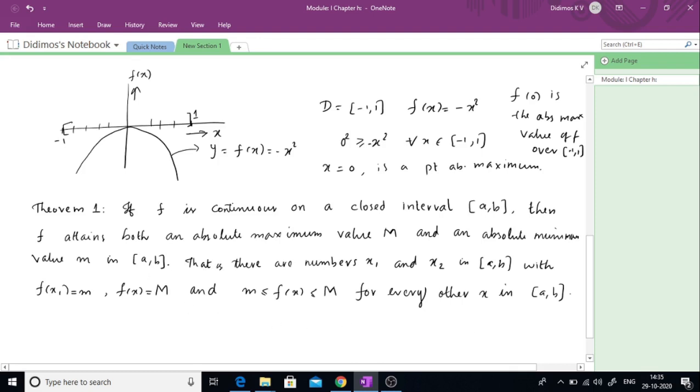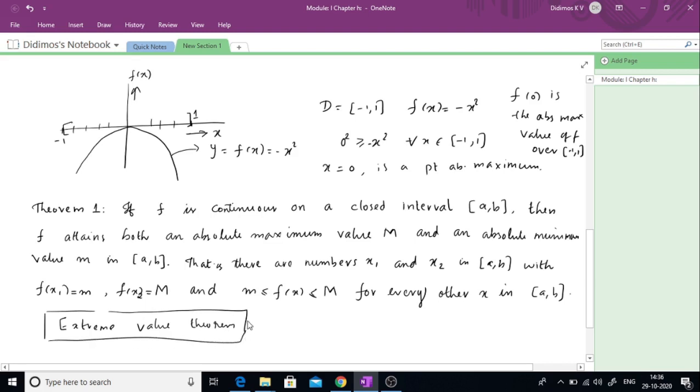That is, there are numbers x1 and x2 in AB itself, with the property that f of x1 is equal to small m and f of x2 equal to capital M, and for every other x in AB we have this inequality, small m less than or equal to f of x less than or equal to capital M. Okay, so this is what we call the extreme value theorem.